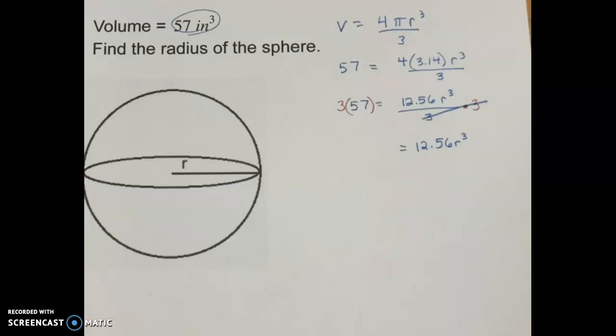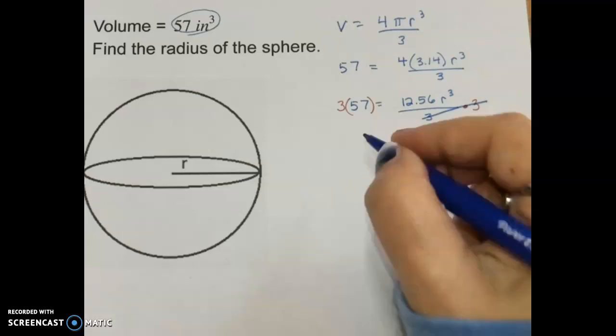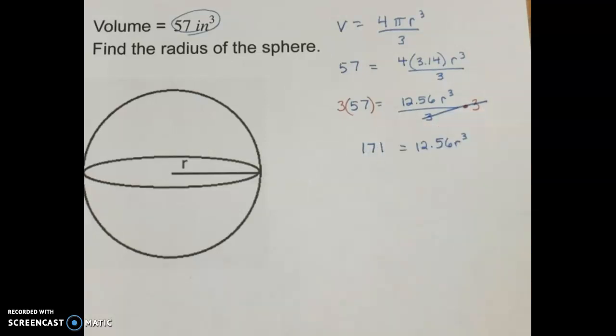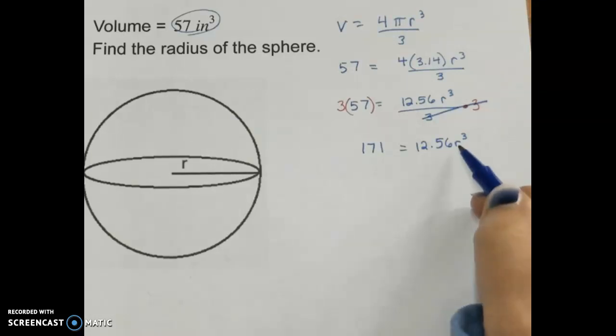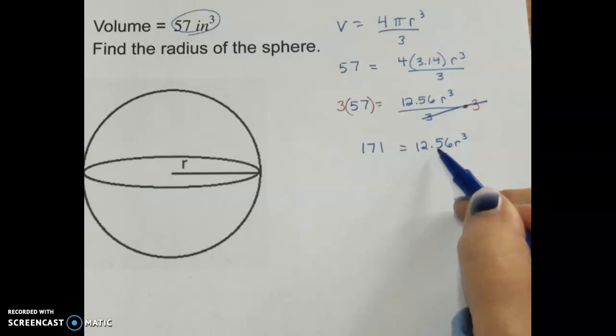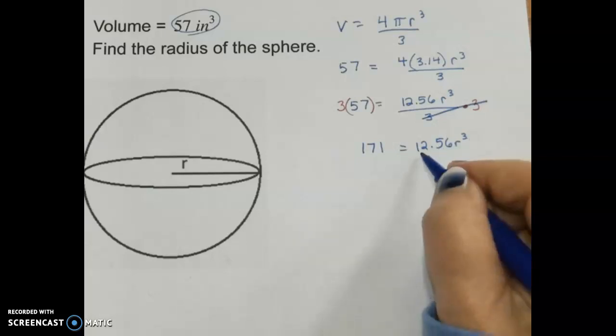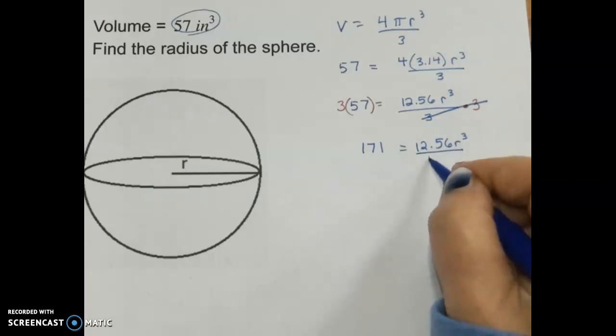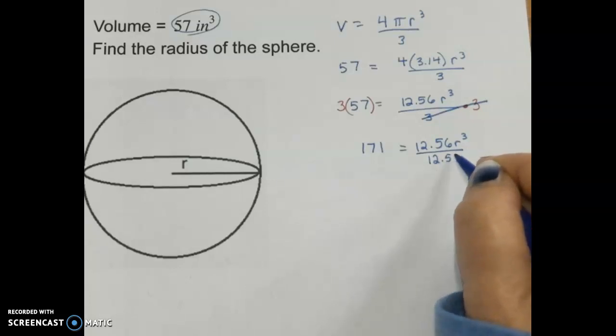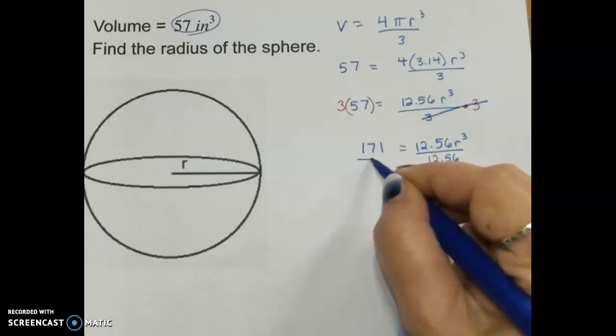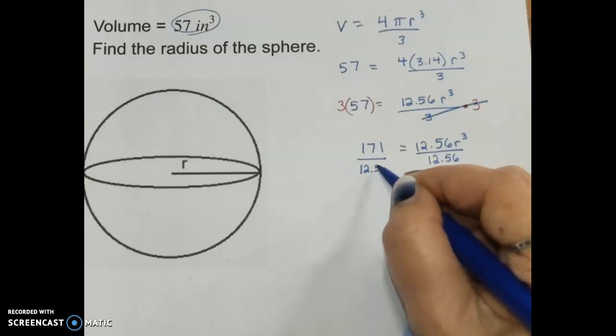On the left side, we need to multiply 3 times 57, and that's going to give me 171. All right, my next job is to isolate that r cubed, so I want to get rid of that 12.56 that's being multiplied by it. Again, an inverse operation is required here. So we're going to divide by 12.56 on both sides.